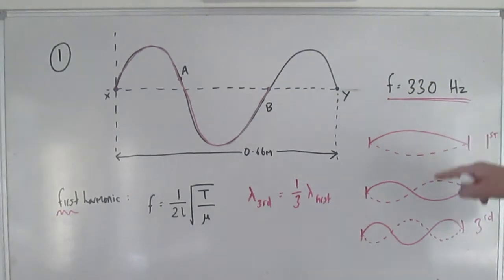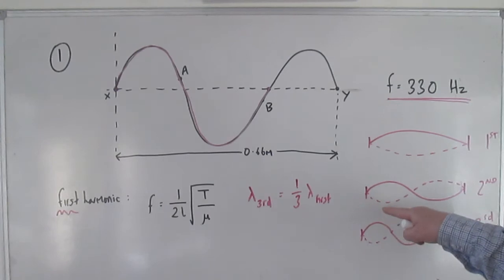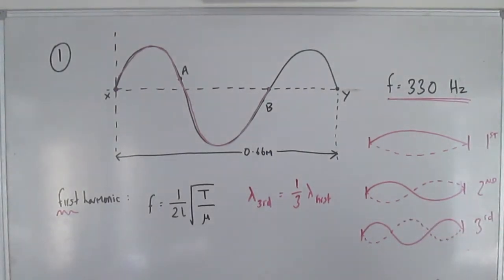You can see that from the diagram, because that's 1/2 a wavelength and that's 3/2 of a wavelength, but it's the same distance.